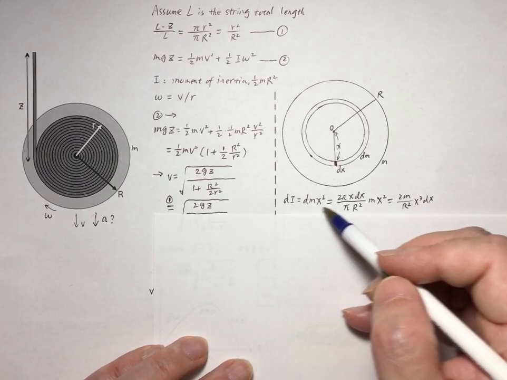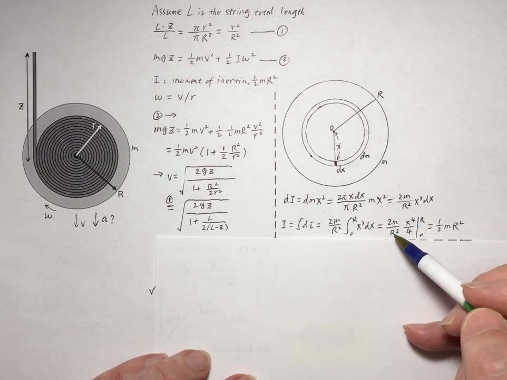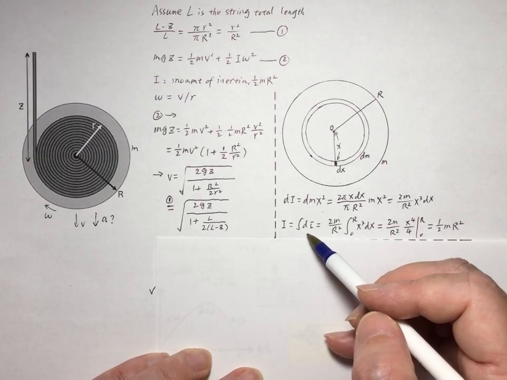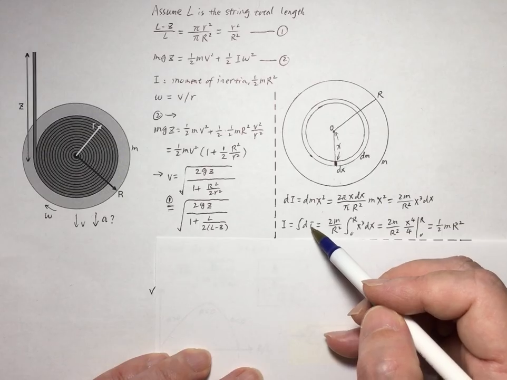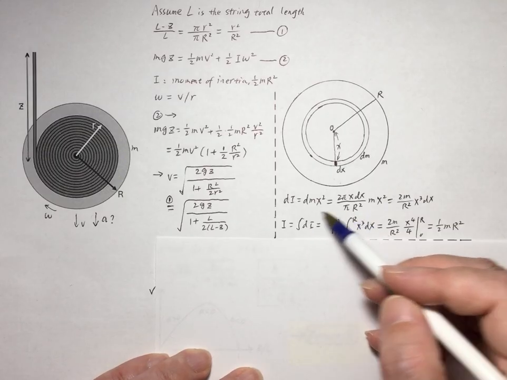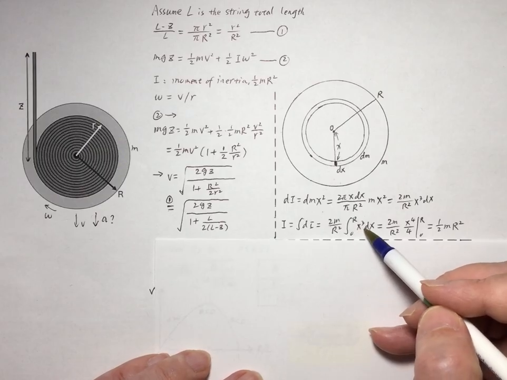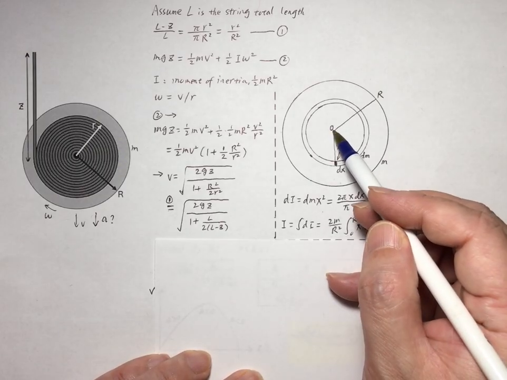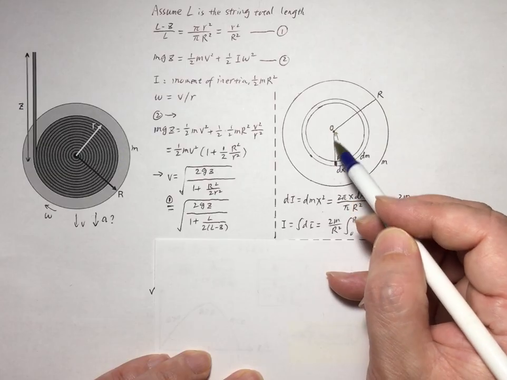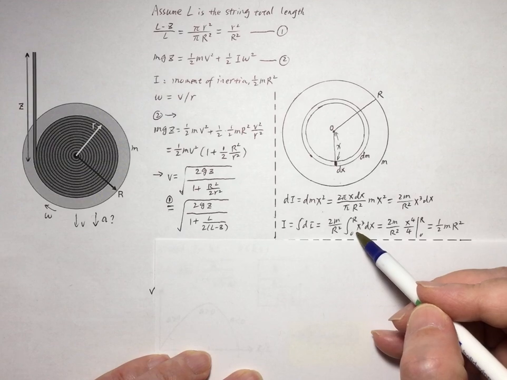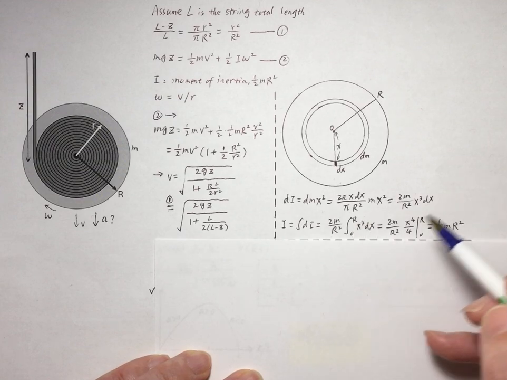Now we integrate this. The moment of inertia is the integral of dI, and we plug in the expression. x goes gradually from 0 to capital R, so we integrate from 0 to R.